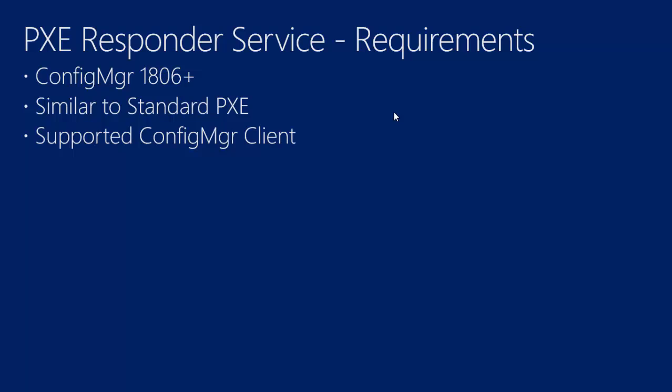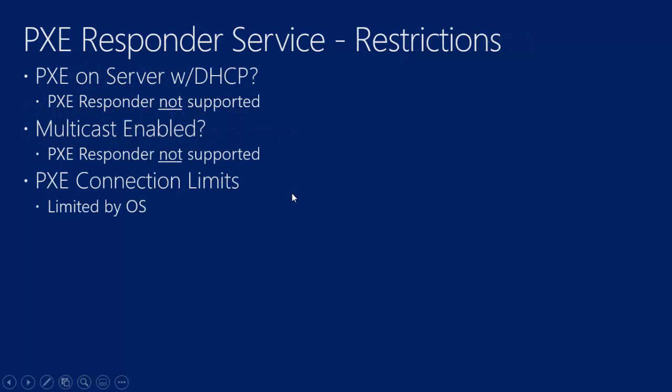PXE works the way standard PXE does. It services systems within its same network location, and if it needs to service clients across a network location, we need to add additional pieces such as the IP helper. And again, a supported Config Manager client, whether that be a server or a workstation. So we have those requirements.